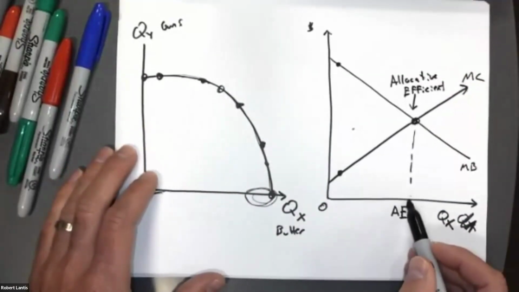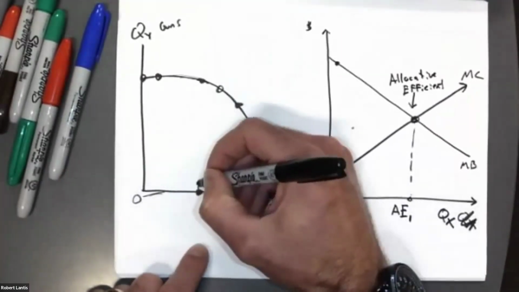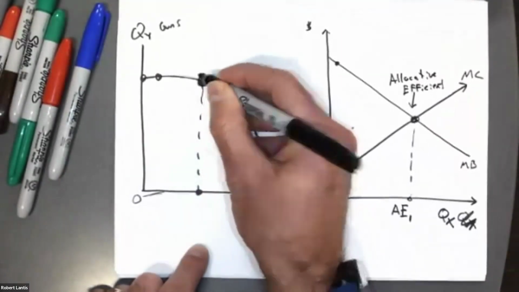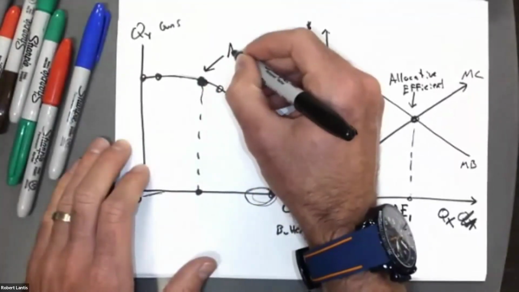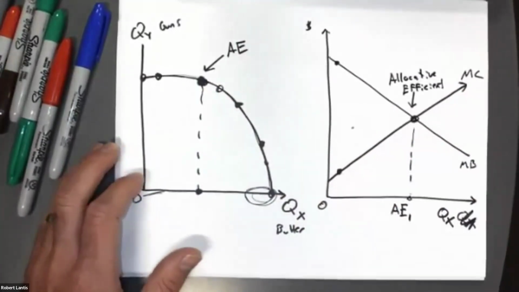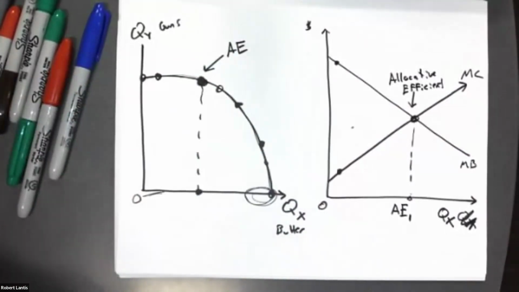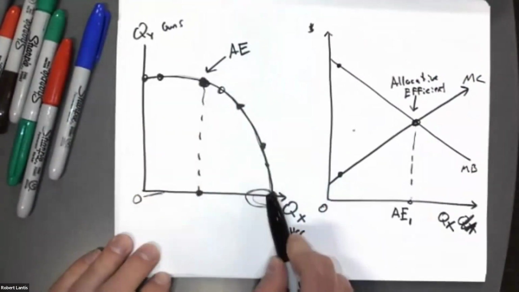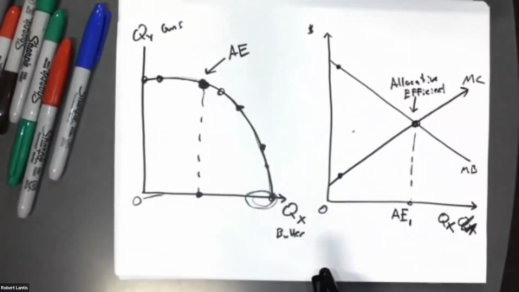Whatever quantity this is, it would correspond to this point on our production possibilities curve. So this would be our allocative efficient point. We can get that from looking at the marginal benefits and then determining the marginal cost using the slope of our production possibilities curve. So all these points are production efficient, but only one of them is allocatively efficient.